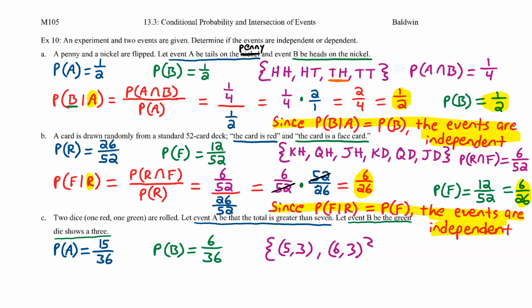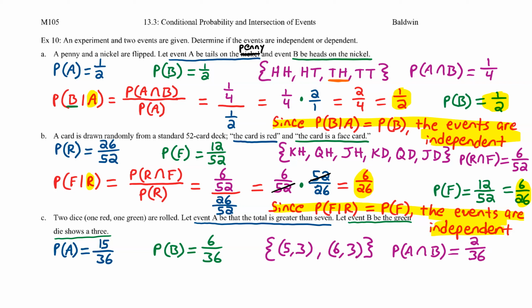Those are the only 2 instances where a roll from those dice is going to satisfy both conditions. So that is our intersection. So there are 2 out of the 36 instances that satisfy both.